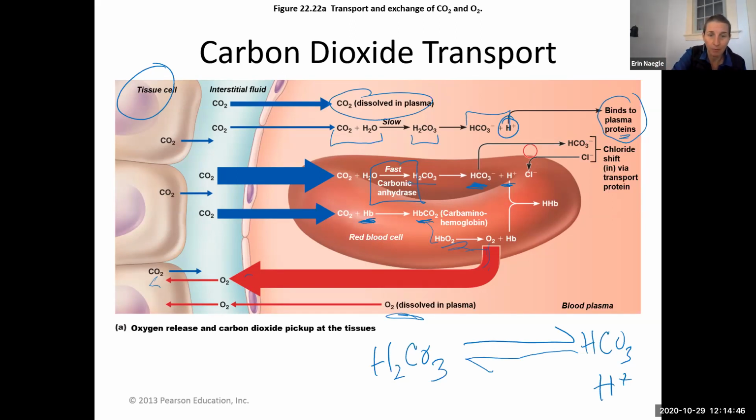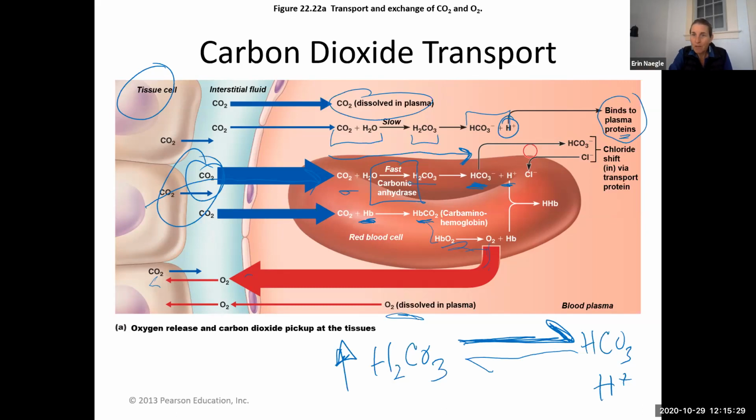So if I get a lot of carbonic acid, which I would in this capillary bed because I have so much carbon dioxide coming out of my tissues, then the series of reactions is going to go toward making a lot of bicarbonate and hydrogen ions. Now, as that starts to build up, the reaction is going to slow down, and then you can't carry away as much carbon dioxide.